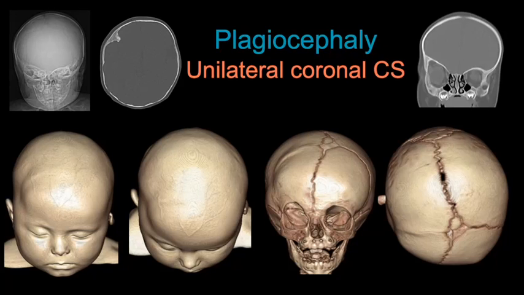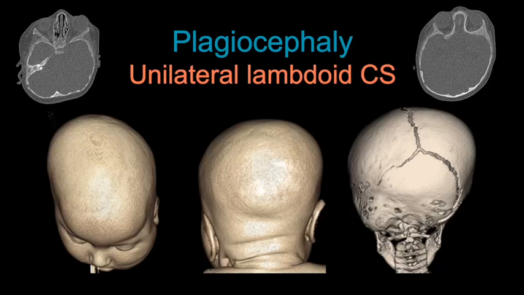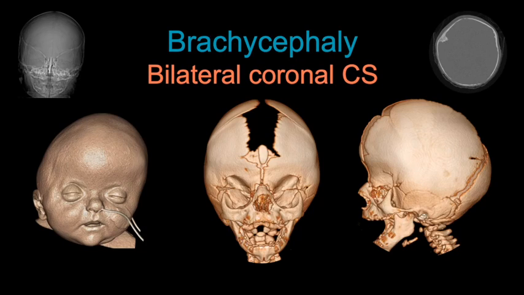Plagiocephaly due to unilateral coronal craniosynostosis, or unilateral lambdoid craniosynostosis, much less frequently encountered than deformational plagiocephaly, and then bilateral coronal craniosynostosis in association with midface hypoplasia, shallow orbits with exorbitism, and this is a feature of a variety of syndromes. In this patient, the clue here is the widened metopic and sagittal suture.